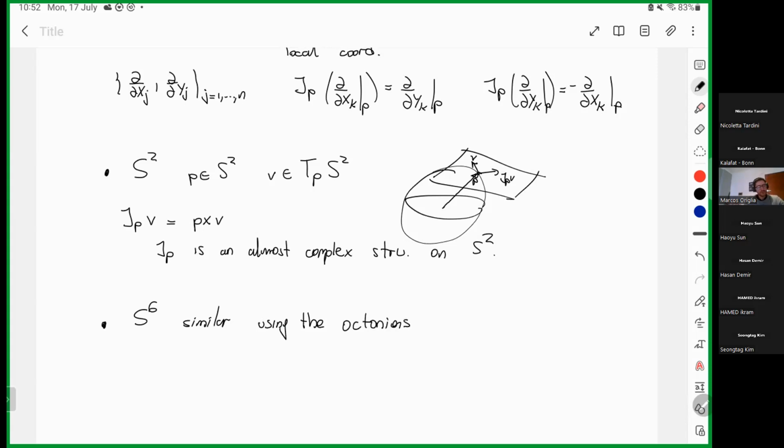So if you use the octonions, take the imaginary part, then take the unitary ones, you can define a sort of cross product there, and there is an almost complex structure coming from the octonions on S^6, and with this structure, this is an almost complex manifold.